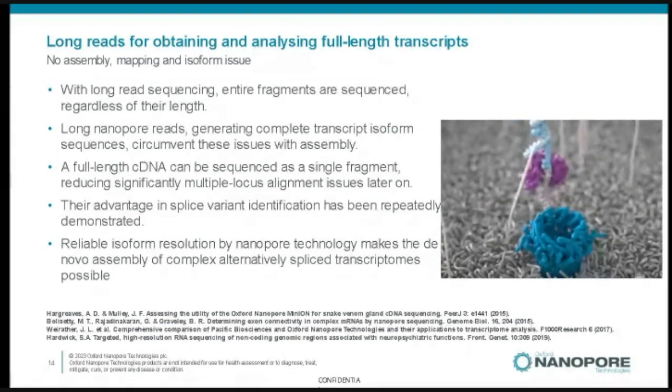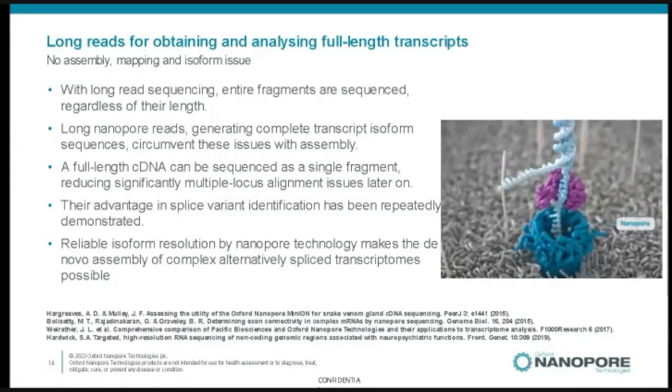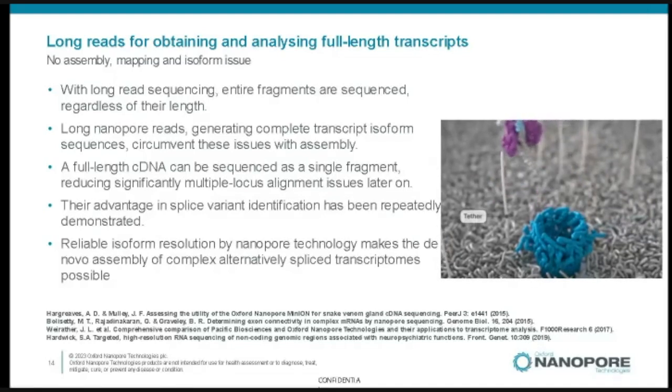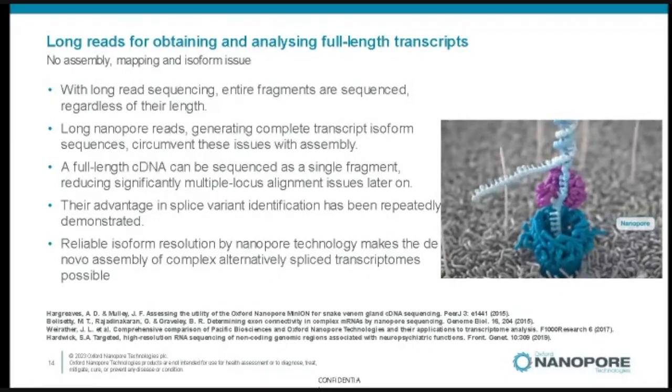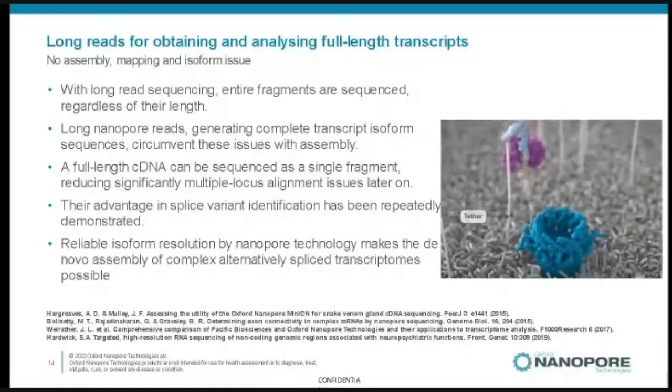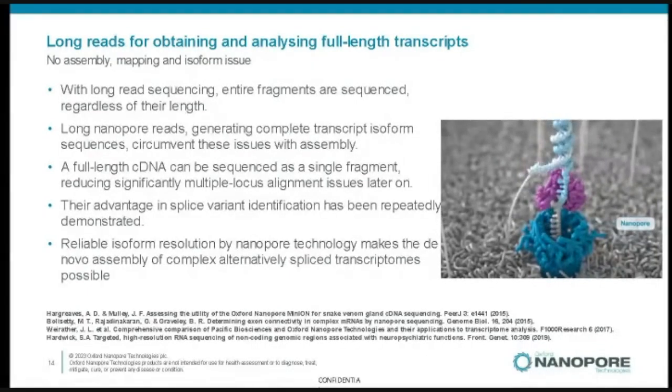Okay, so here I would like to show you why nanopore is a method of choice for long-read sequencing, because we are capable of doing very long sequencing reads. For example, the minimum is 20 bases, up to a million bases.